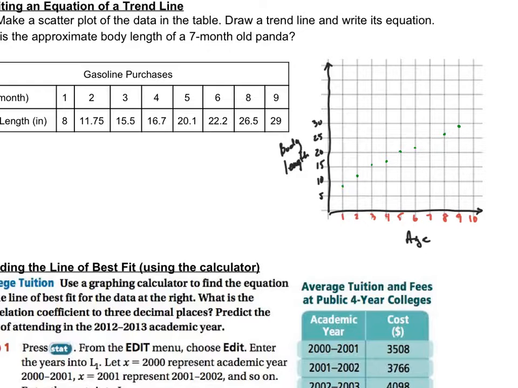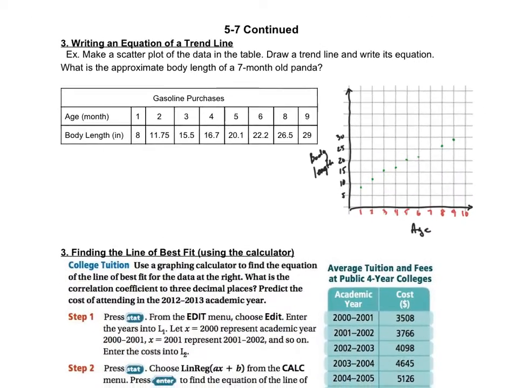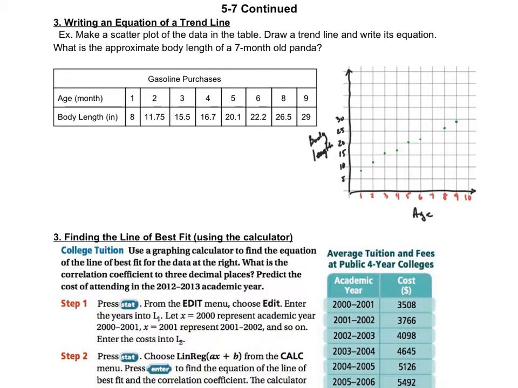now we don't have an exact relationship here. So we do have a scatter plot. And it says, draw a trend line and write the equation. Well, if I draw a trend line here, what you end up having is the data. As I draw my trend line, I want to sort of split my information, straight lines sort of going through my data.